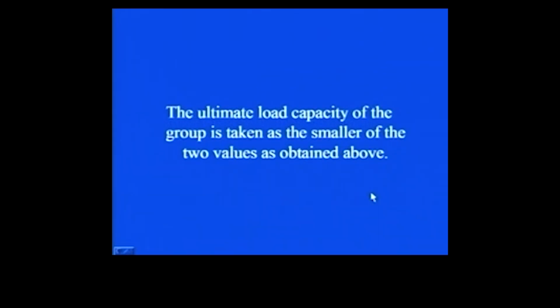So, now you must be thinking that what exactly will be the type of failure, how you will get to know that it will be failing by block failure or by individual pile failure, how will you decide upon that? So, what we do is we try to get the ultimate load carrying capacity by both the methods, that is by block failure or by individual pile failure, and then we compare these two values and we get the lesser one.